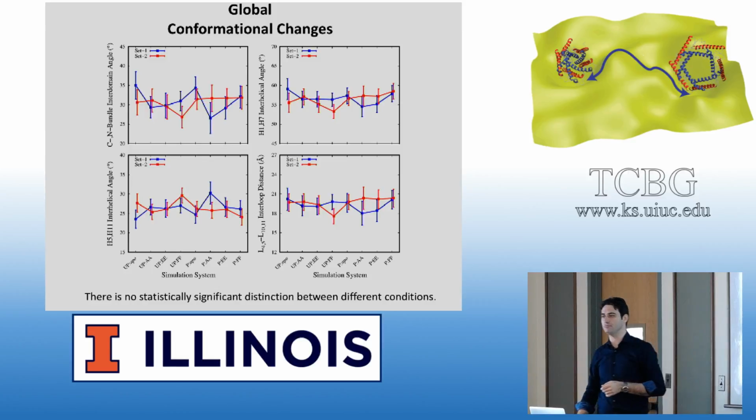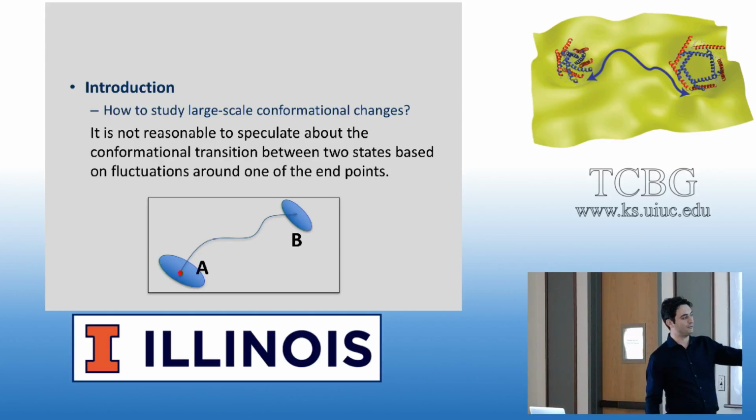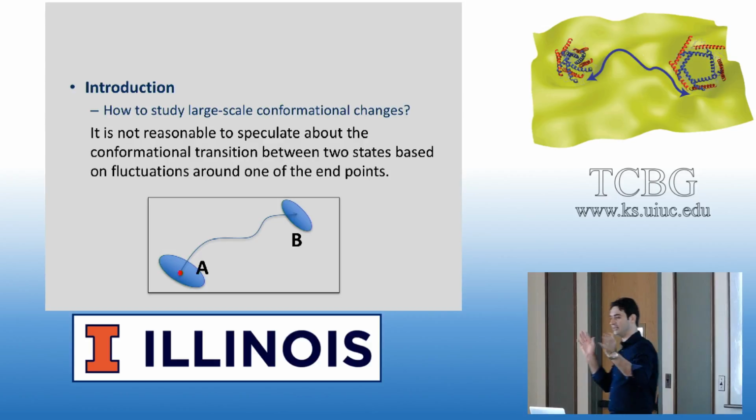So this is the problem with using equilibrium simulations to understand global conformational changes. And it's very easy to understand this. Think about global conformational change as a transition like this in the reaction coordinate space or your atomic position space.